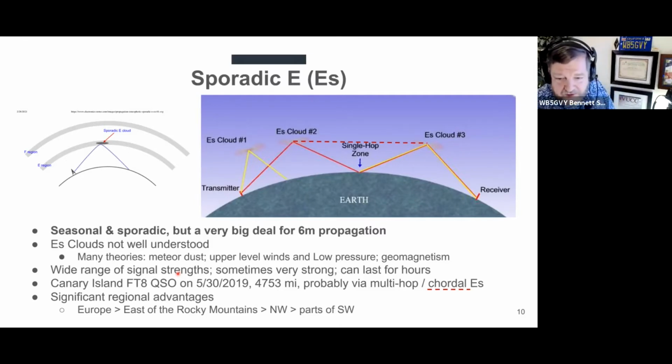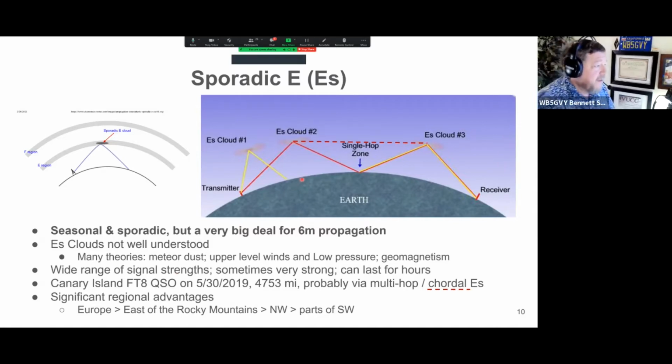This graphic up here is trying to illustrate a double hop between the transmitter and receiver via sporadic E clouds. Theoretically, it could occur from a central hop back down to the Earth, but there's often a belief that there's what they call a chordal hop, where it's passing from the transmitter to the first cloud and going directly to the second cloud closer to the receiver.